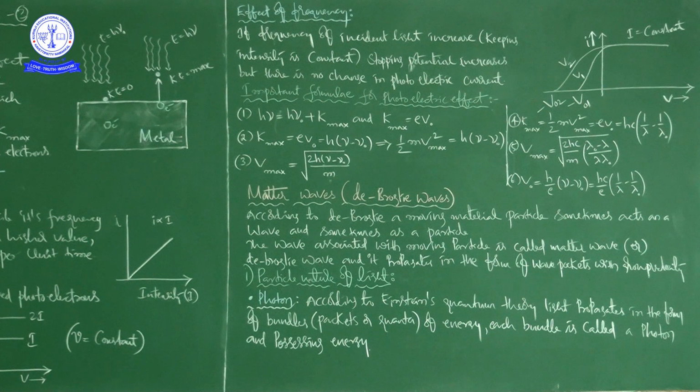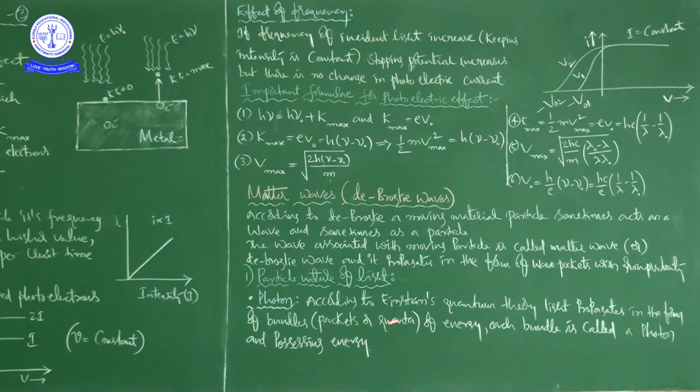Next thing, particle nature of light. The main thing in the particle nature of light is the photon. So what is a photon? According to Einstein's quantum theory of light, light propagates in the form of bundles.